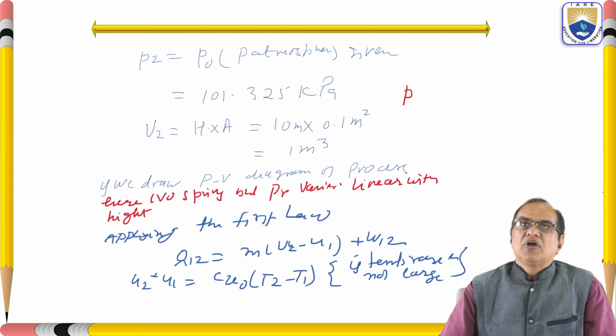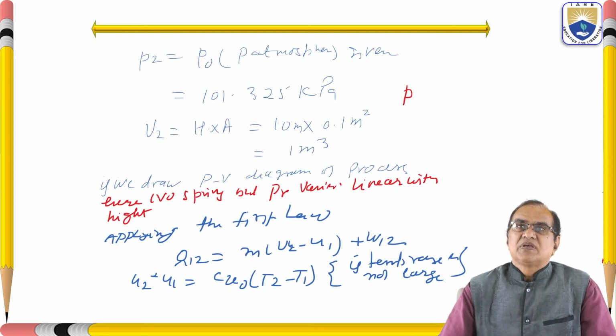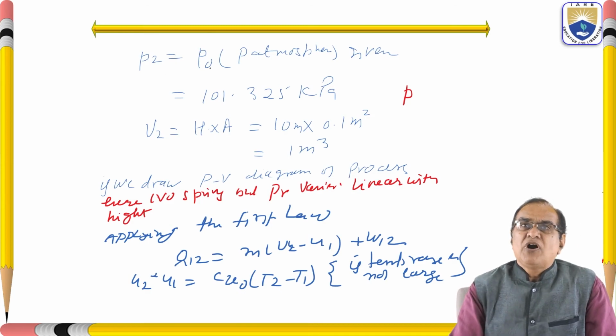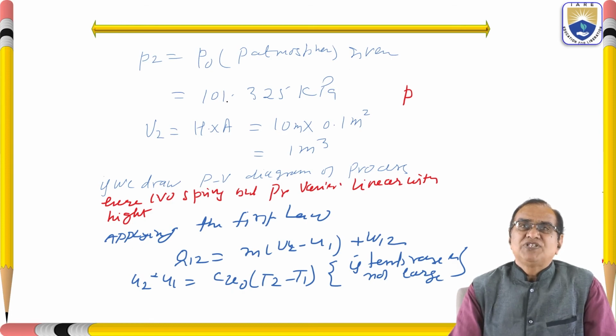Now here P2 is equal to P naught, which is P atmosphere, it is given, and this P atmosphere is 101.325 kilopascal. The V2 we know is H into area. H is equal to 10 meter and area is equal to 0.1 meter square.